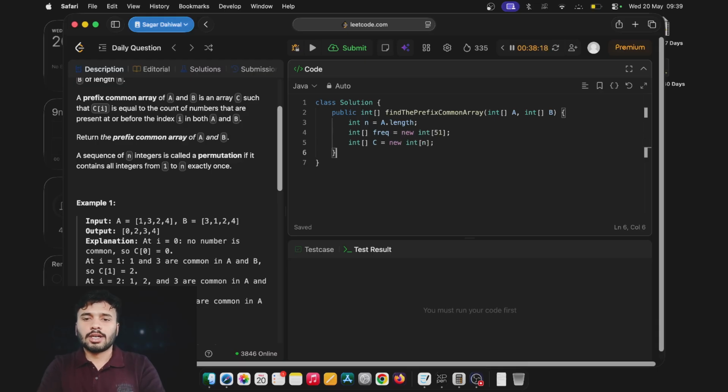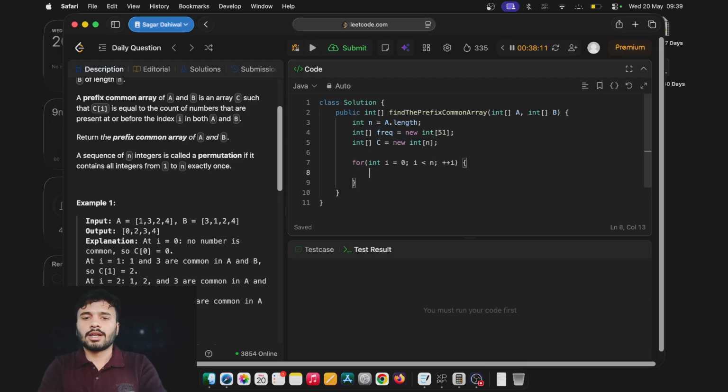Got it? And for every I from 0 to I less than n, C of I will be get common elements, where we pass I, the first A, then I. I don't know why it's lagging so much.